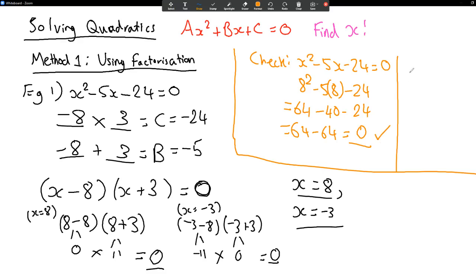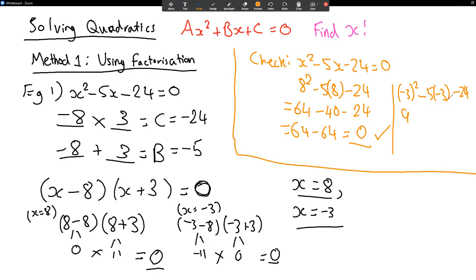Okay. Now, how about with minus 3? Let's also check that. So we have minus 3 squared minus 5 times minus 3 minus 24. Now, minus 3 squared, remember, squaring a minus gives a positive, so we get 9.